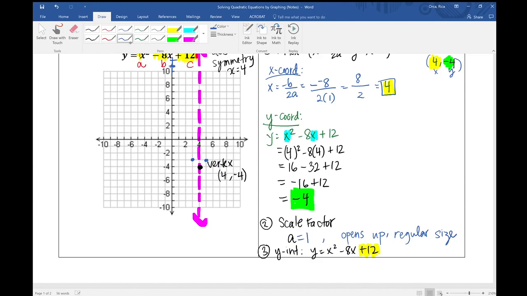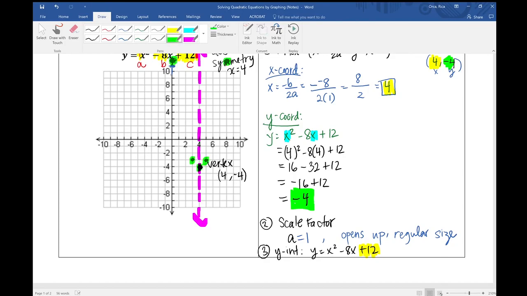So I have 10, 11, 12. That's 12. And my y-intercept is 4 units away from my axis of symmetry, which means that its reflection will also be 4 units away. Let me highlight those points just to remind myself that they exist.